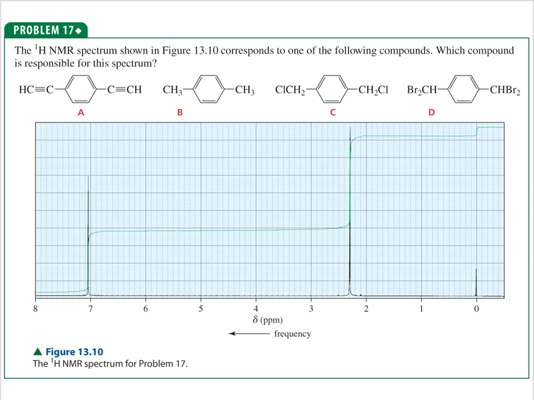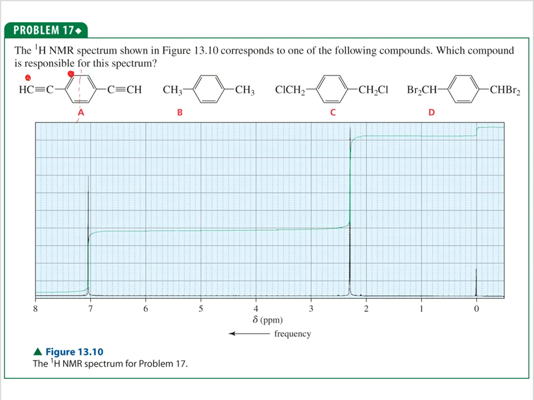So with this particular problem, I just want to quickly review the number of signals from each one of these compounds up above. These are all very symmetrical molecules, each one of these, A, B, C, and D, right? It's almost like I can draw just a line straight in the middle. I can almost call this a meso compound in a way and say that the left-hand side is a perfect match of the right-hand side. So I'm going to get a signal from here because that has a proton. I'm also going to get a signal from here because that's part of the benzene ring.